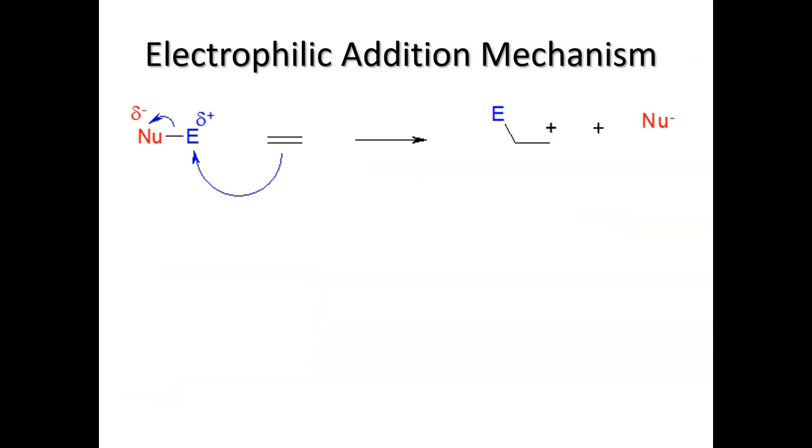You won't need to worry too much about this mechanism, but I do want to show you how this works and what kinds of things are involved in determining what is going to happen with this type of reaction. First of all, I'm going to draw out the carbons that are just assumed to be here on the ends and the hydrogens associated with those carbons.